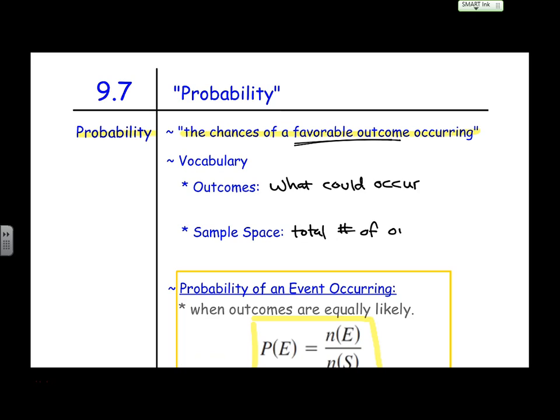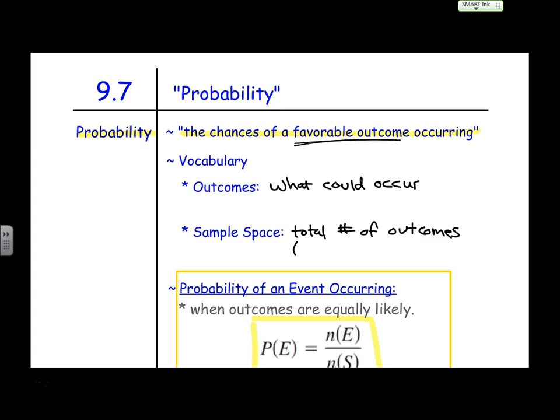Sample space is the accumulation of the total number of outcomes for a certain scenario, a certain event, whether it's picking cards, whether it's raining or not outside, whether it's forming a committee, making a seating chart, picking marbles out of a bag, whatever example you want to use.